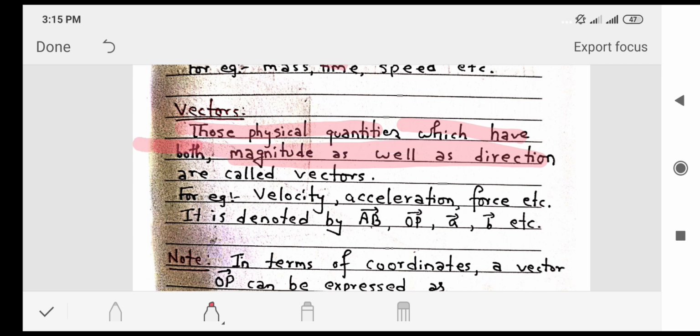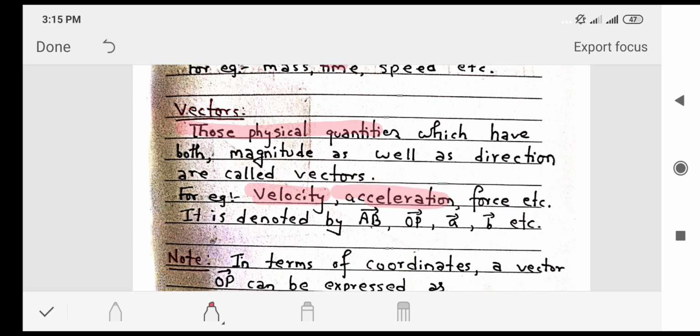Which have both magnitude as well as fixed direction, that type of quantities are called vector quantities. For example, velocity, acceleration, force are examples of vector quantities.